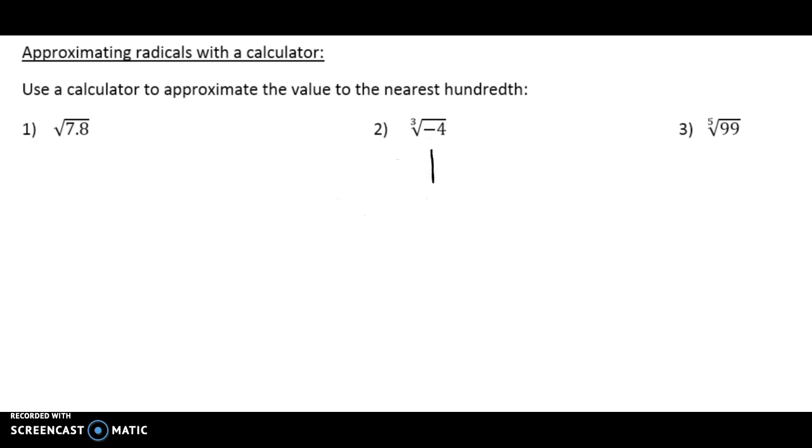So the inside is the radicand. And then the 3 in front, or the 2, or the 5, that's the index. Okay, so put those in your calculator.